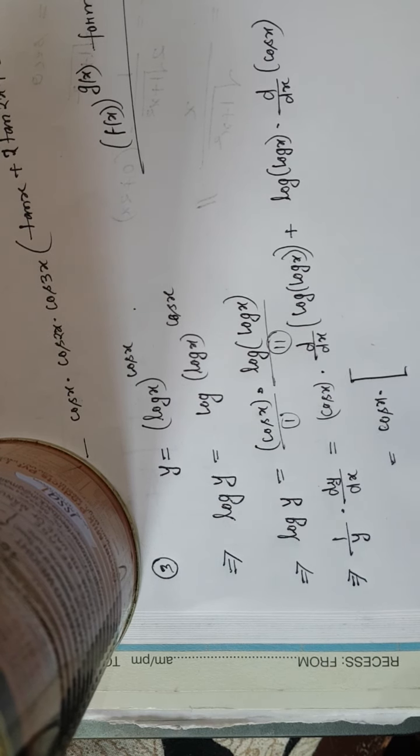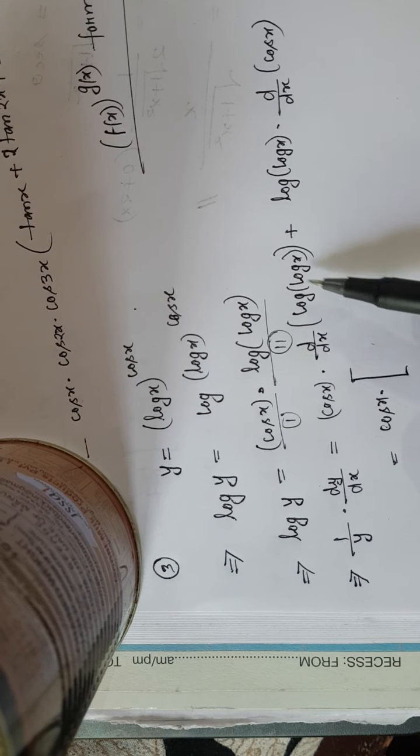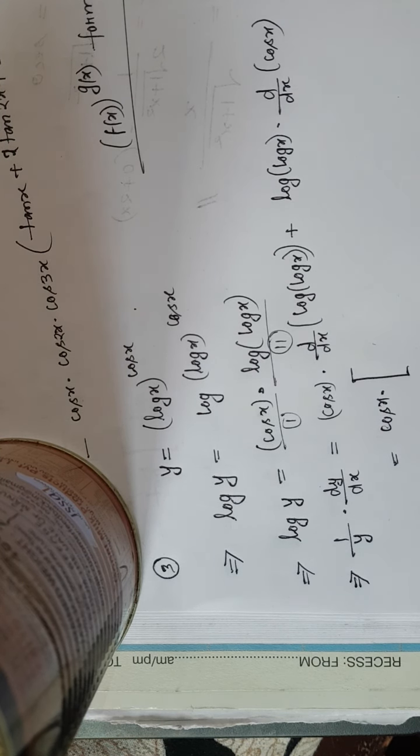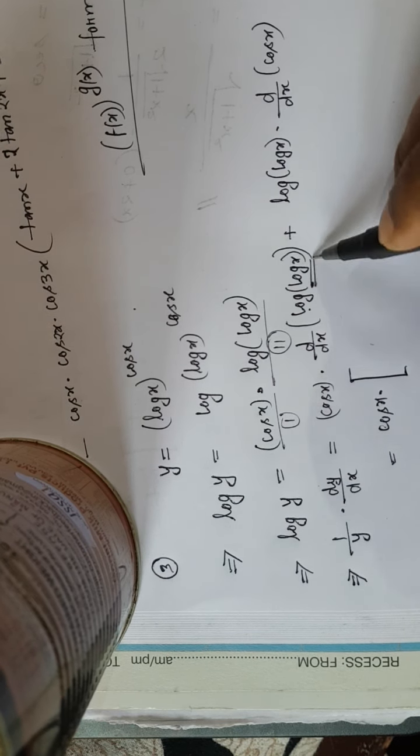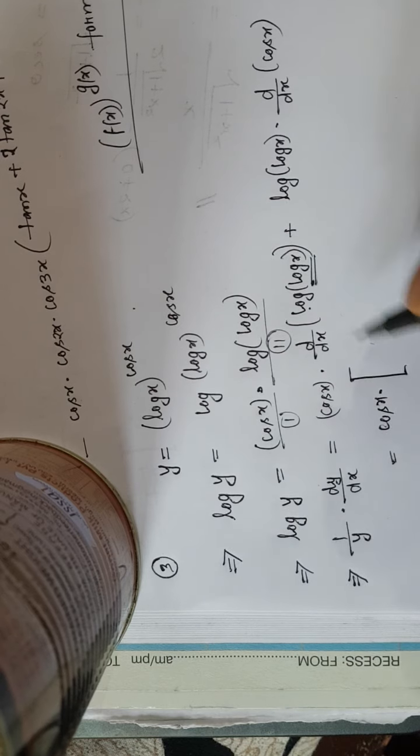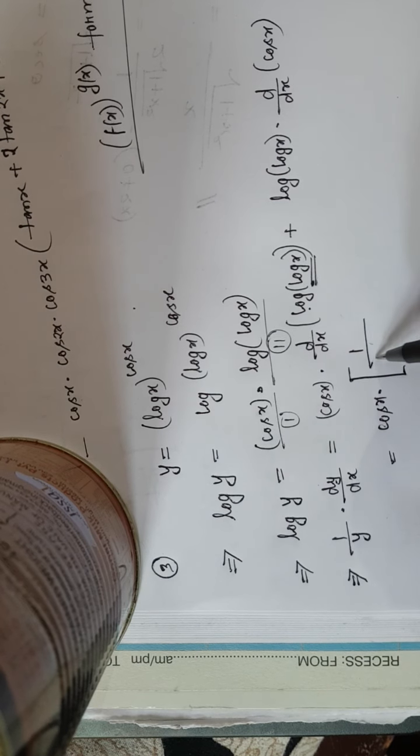Now you can apply the composite function method. Now there are two functions. Initially it is log of x, then again log x. If you assume this as x, for log x the derivative is 1 by x. Here your x is log x.